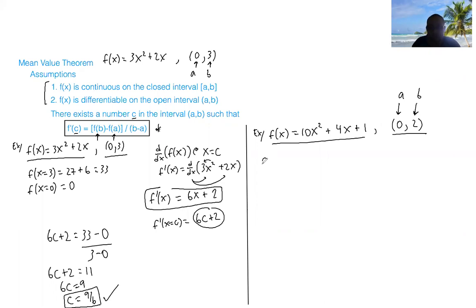So let's do those first. The function evaluated at b is going to be 2. So 2 squared, you're going to put in 2 wherever you see x. So 2 squared is 4. 4 times 10 is 40. Plus 4 times 2 is 8. Plus 1, that's going to give you 49.